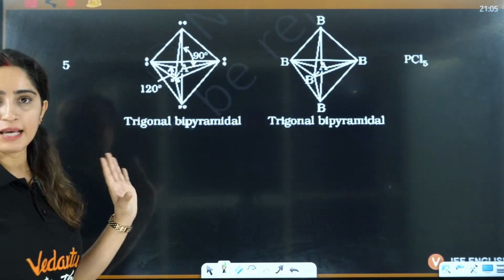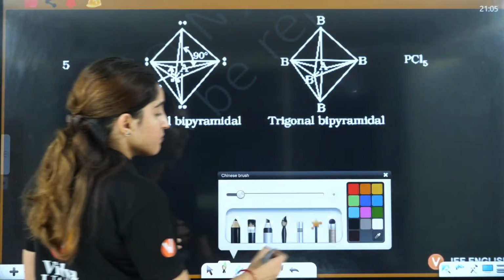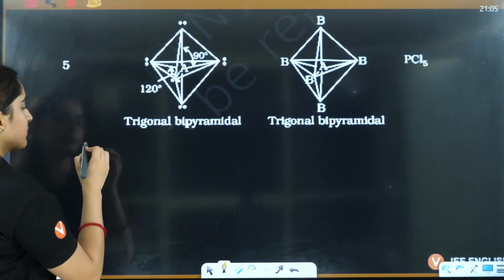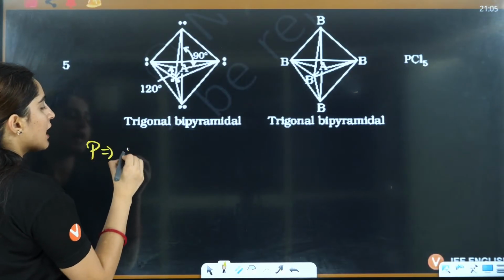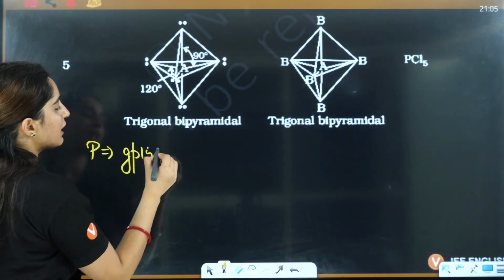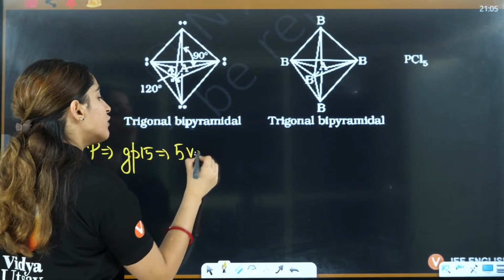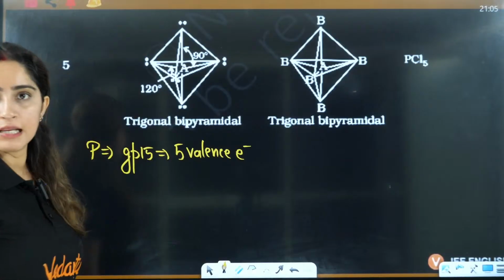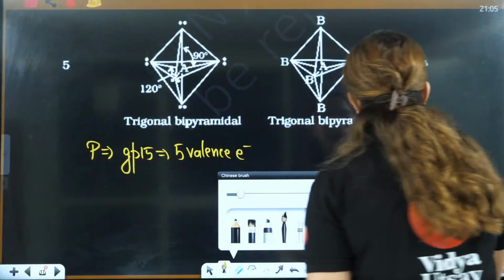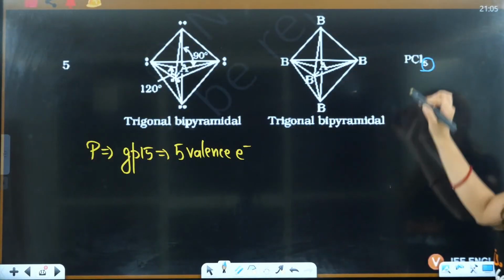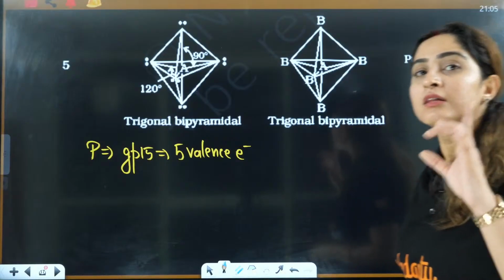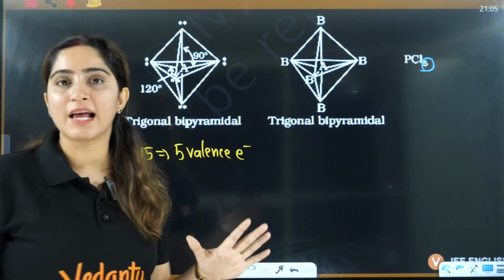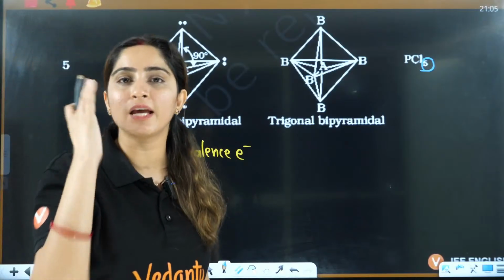Next is PCl5. It's a very, very important structure. Phosphorus belongs to group number 15. It will have 5 valence electrons. And if you see the bonds that it is making is PCl5, that means there will be no lone pair. All the 5 valence electrons are busy in making bonds.